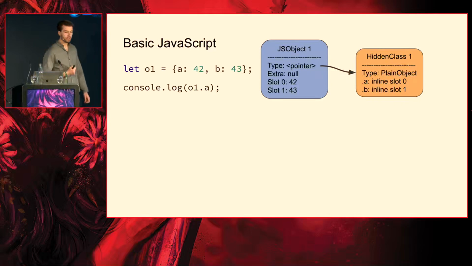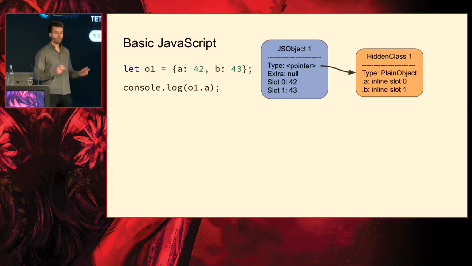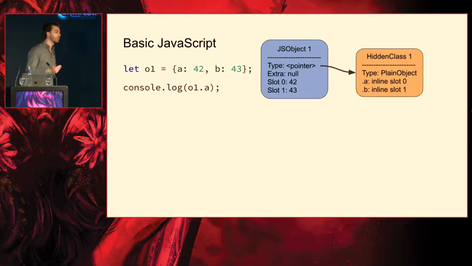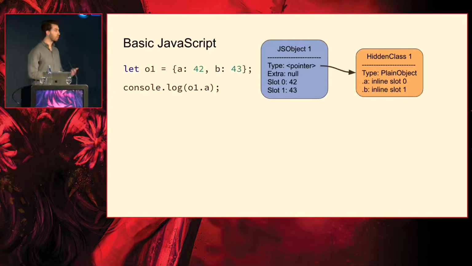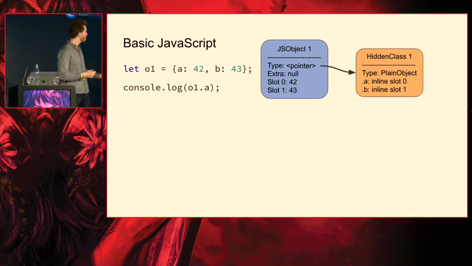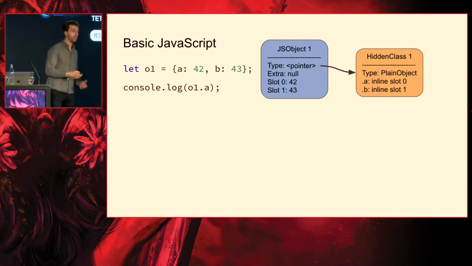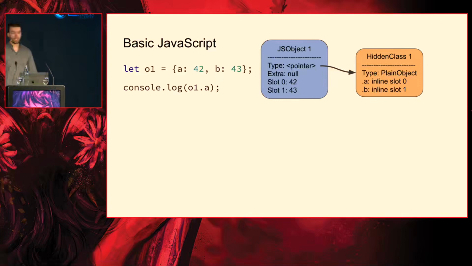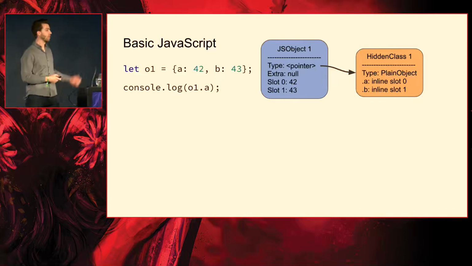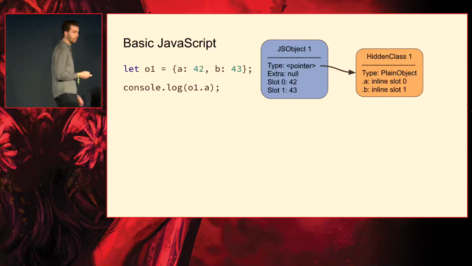In this case, it says A and B are both inline properties, and so they are stored directly in that object. If we were to load property A to print it, for example, the engine goes to this object, goes to the type, the hidden class, and asks, hey, where is property A stored? That tells it it's inline in the object, and so then it fetches it.